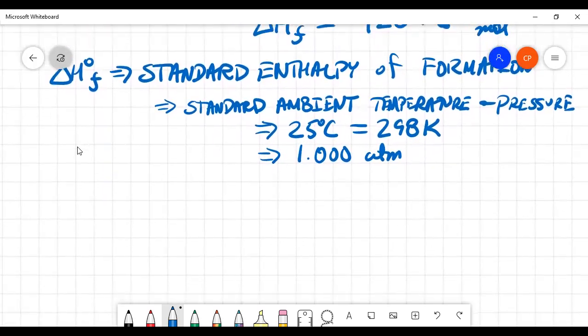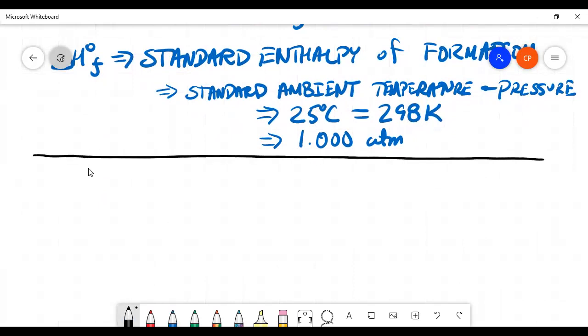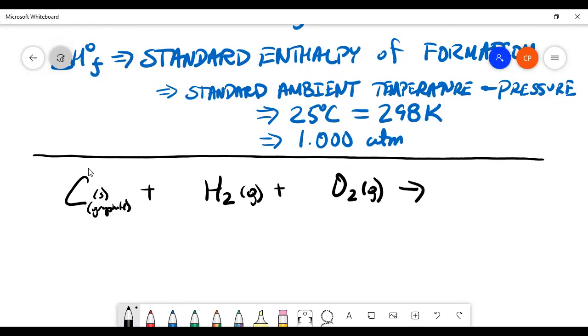I can talk about one other example of a formation reaction. If you remember us talking about elements in their standard states in Gen Chem 1, you might remember this particular chemical reaction. The formation of glucose.